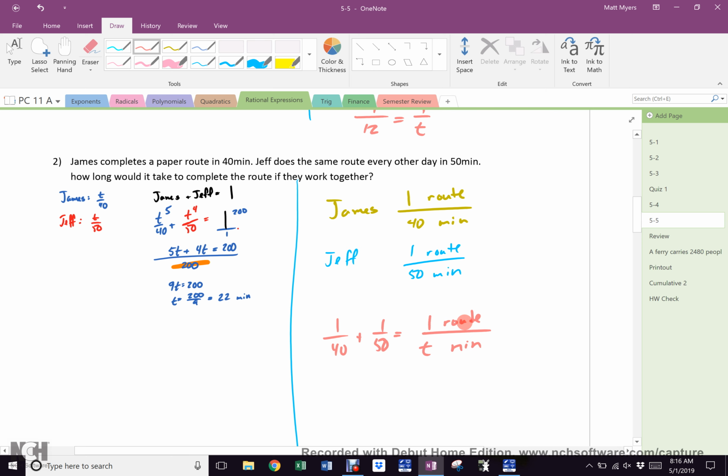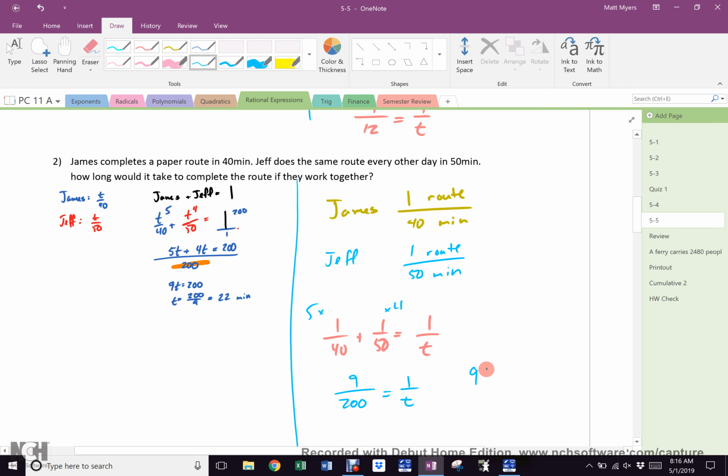Now, I don't need the roofs in minutes anymore, do I? Because that's redundant. We've used it 3 times. So let's kill it. And then we would do the same math. The common denominator is 200. We know that. So that needed to multiply by 5, that needed to multiply by 4. So I have 9/200 equals 1/t. And what do we do?